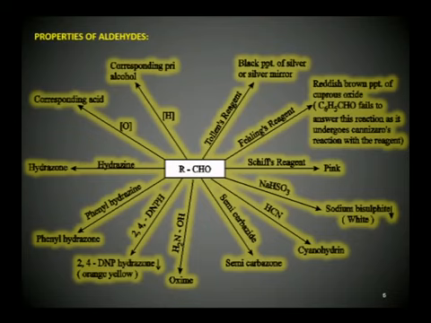When aldehydes are reacted with hydrazine, we produce hydrazones. See here, hydrazone, phenylhydrazone, 2,4-dinitrophenylhydrazone. You can see that the common thing they are derived from is hydroxylamine, that is NH2OH.